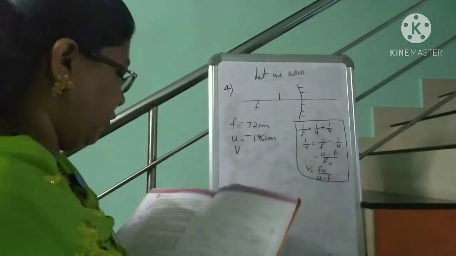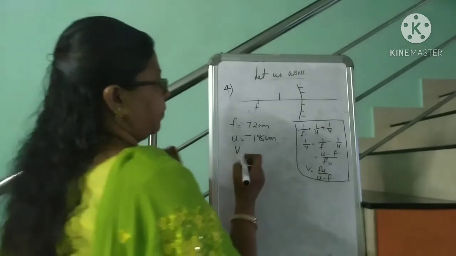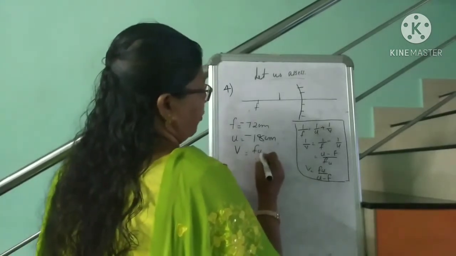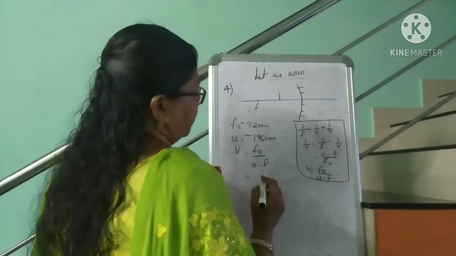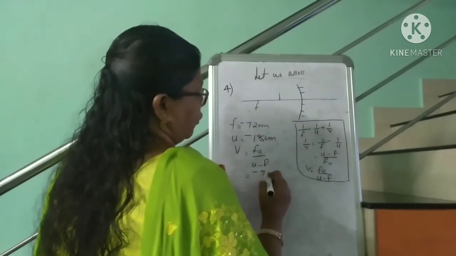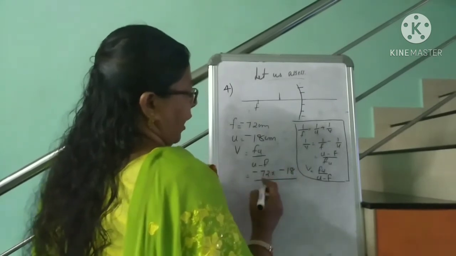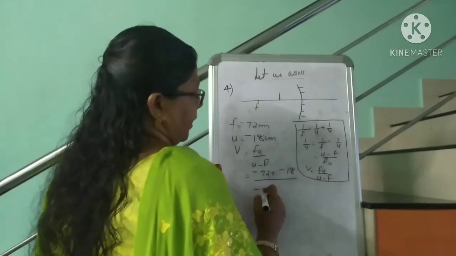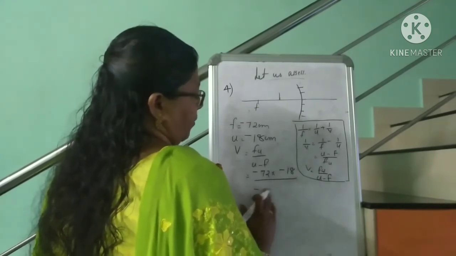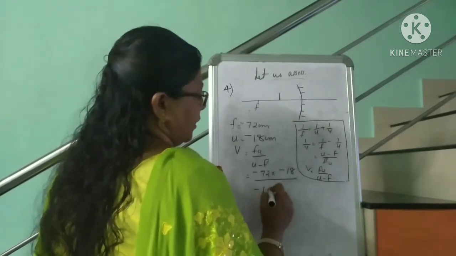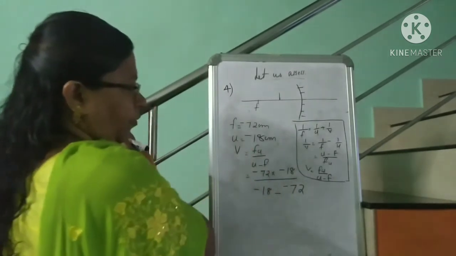So you can substitute here. V is equal to FU by U minus F. That is equal to minus 72 into minus 18 by minus 18 minus 72.